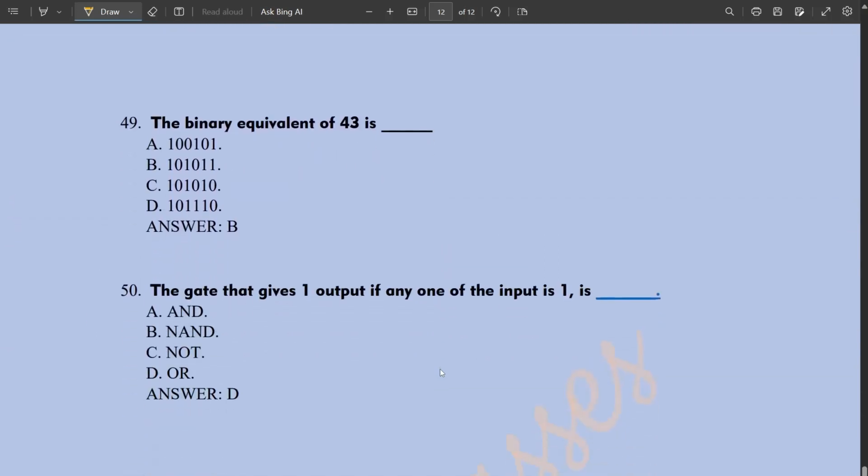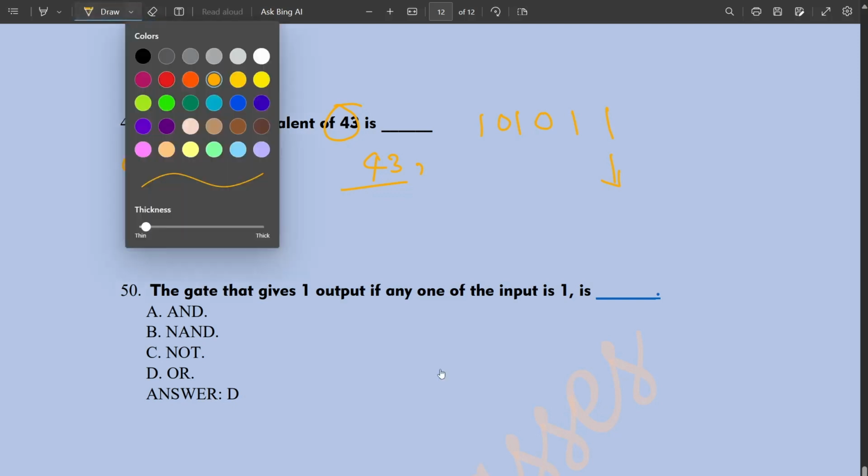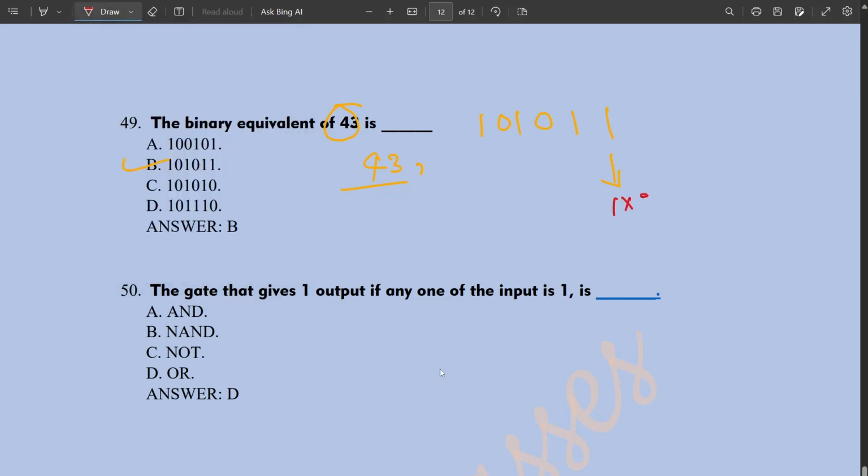Next, the binary equivalent of 43 is what? Option number B. Let's check it. 1 0 1 0 1 1. So here let's do this. 1 multiplied by 2 to the power 0 because it is binary, plus 1 multiplied by 2 to the power 1.